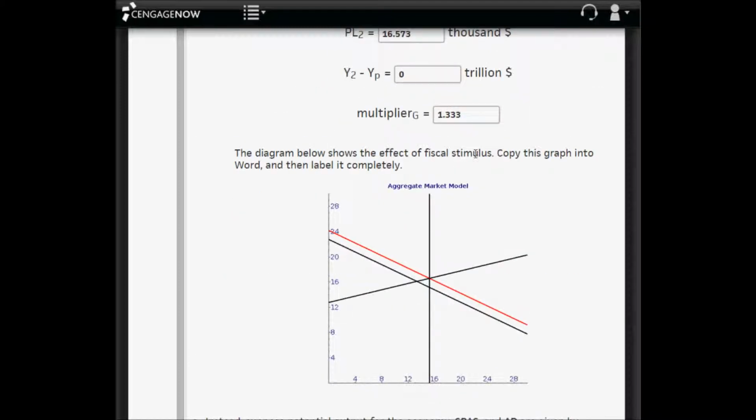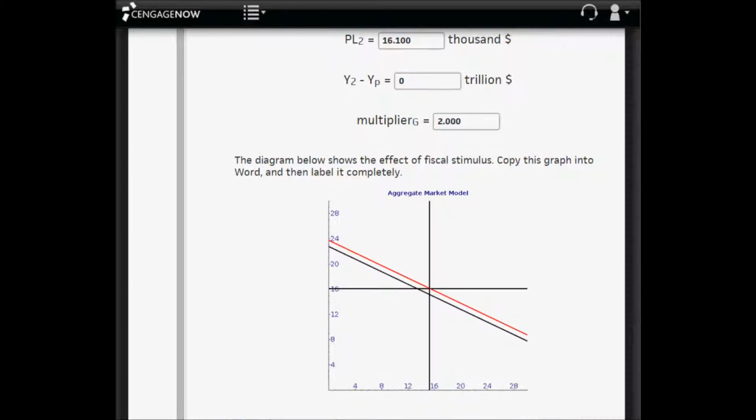In scenario B, the multiplier was 1.33 when the short run aggregate supply curve was relatively more elastic than aggregate demand. The government spending multiplier reaches its maximum value of 2.0 in scenario C because the short run aggregate supply curve is perfectly elastic.